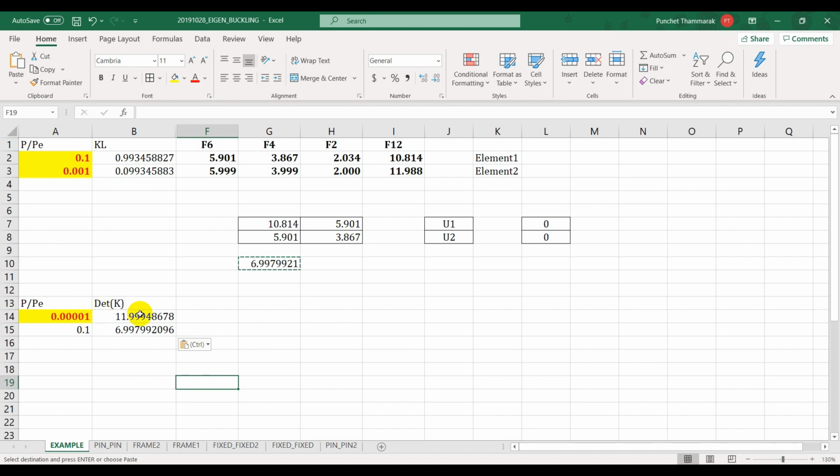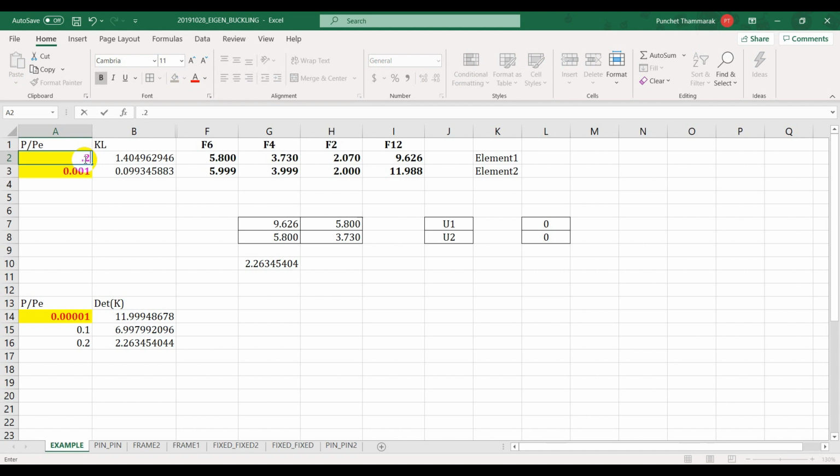Now from about 12 it reduces to 7. So we try 0.2. Oh, you get this one. 0.25. Okay, it comes to 0. So it is too sensitive at that point.